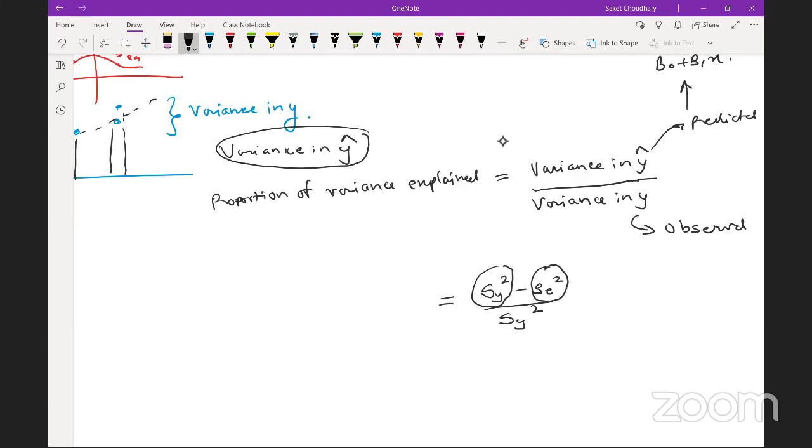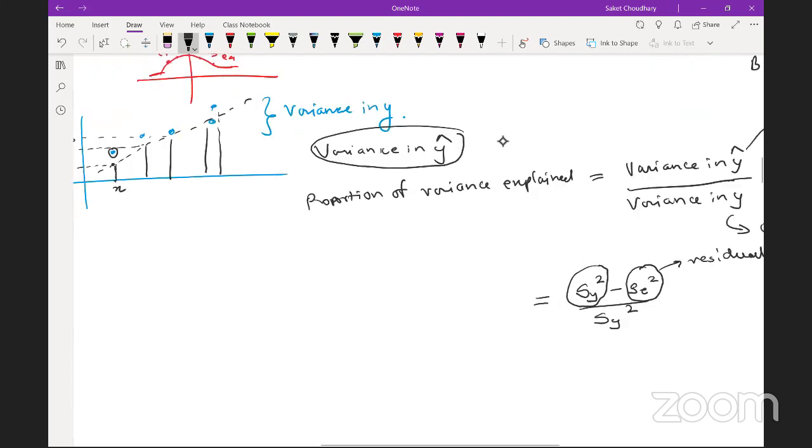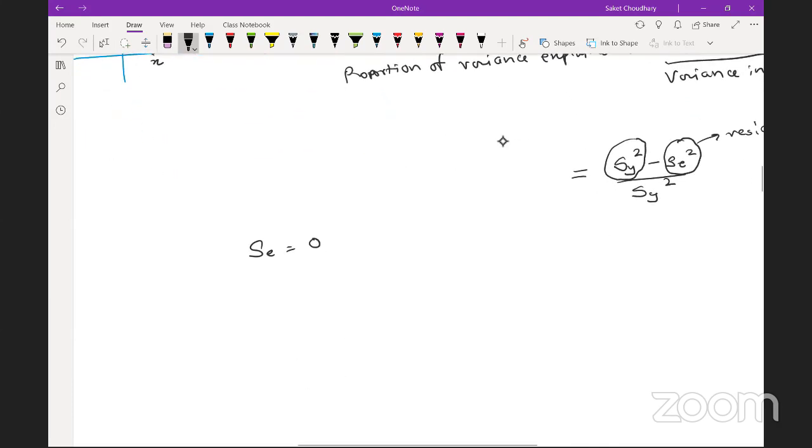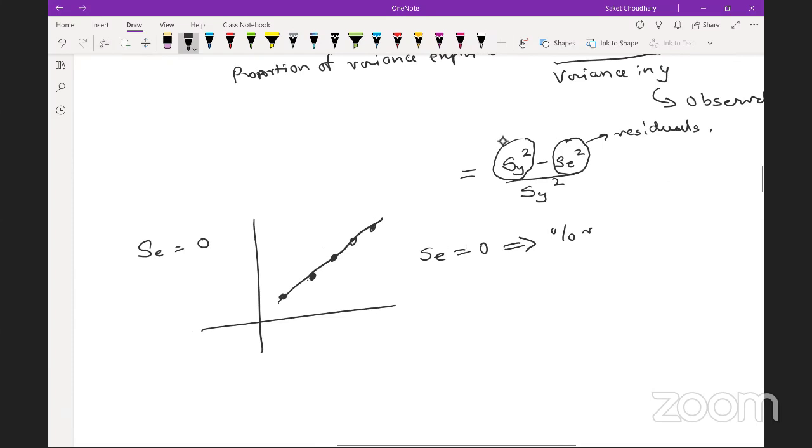And this error arises from residuals. So if these residuals were to go to 0, so if SE is 0, what would my plot look like? My plot would look like a perfect line which goes through all the points. So if SE is 0, it implies the proportion of variance explained is equal to 1.